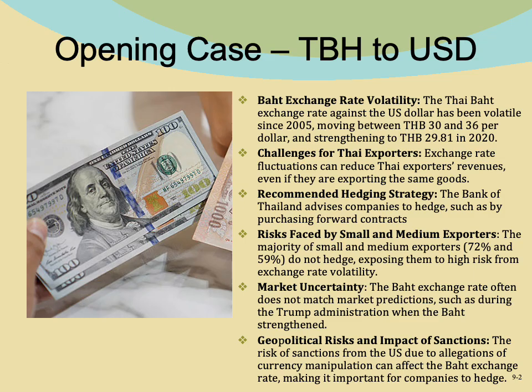They also face geopolitical risks and sanctions. Exchange rate movement can be influenced by factors such as the risk of sanctions from the US due to currency manipulation concerns, making hedging even more critical.